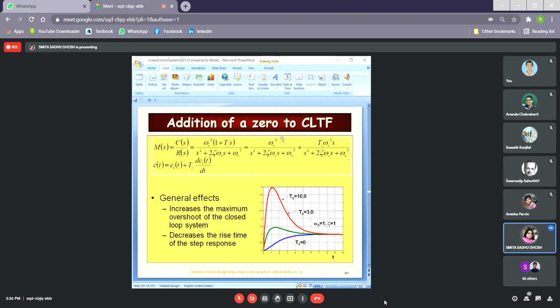The second part is going to come from the second term, that is tz into omega n square s by the denominator, right? Now tz omega n square, of course, is a constant. What does this term s indicate? If you take the Laplace inverse, what would it indicate?